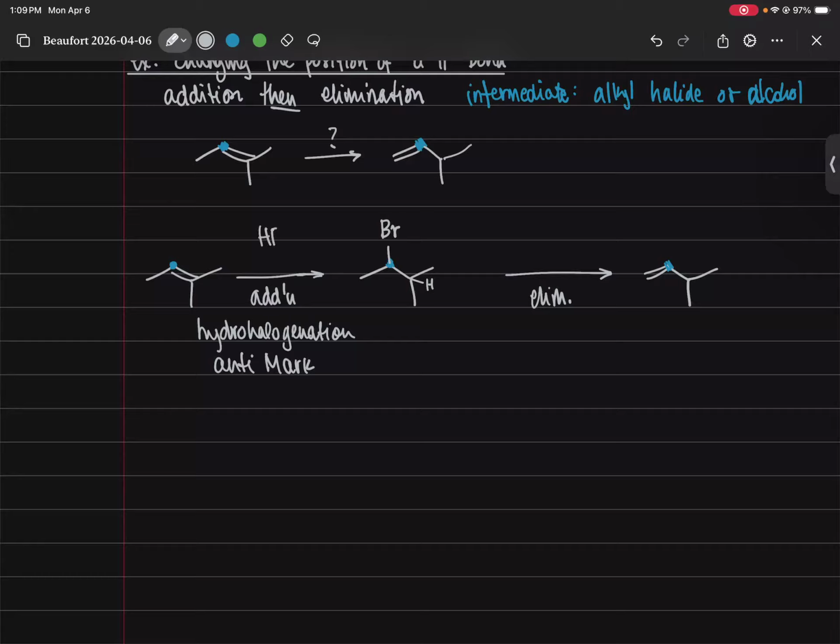So we do need HBr, but we need something else to make it anti-Markovnikov. Yep, peroxide. Okay, so now we'll look at the elimination reaction.